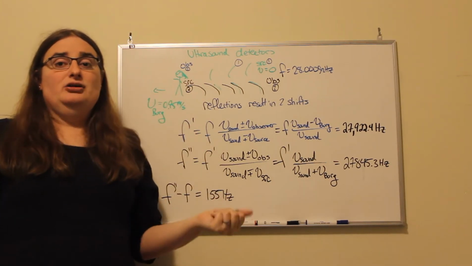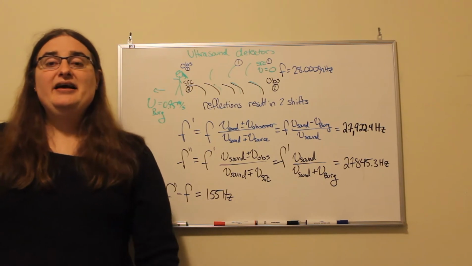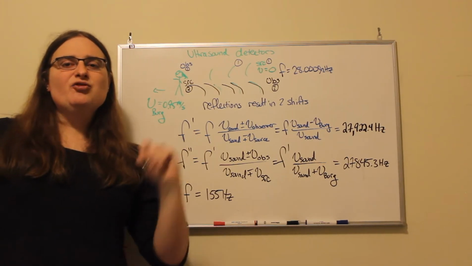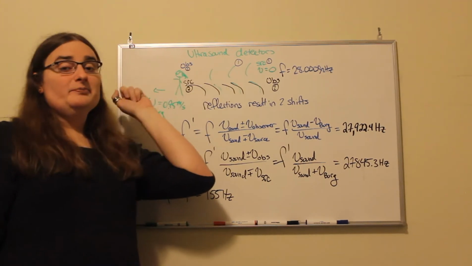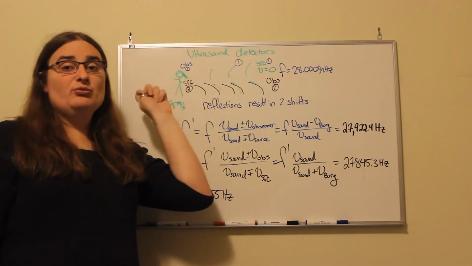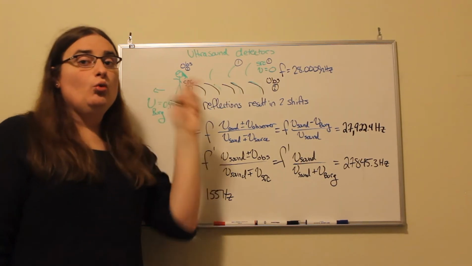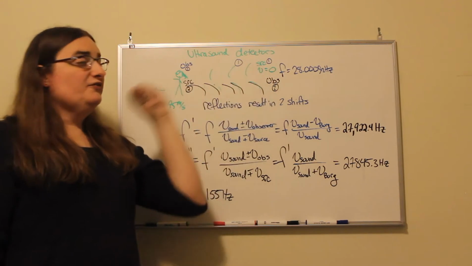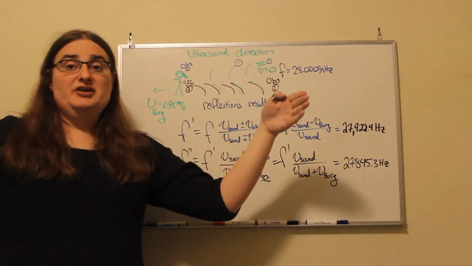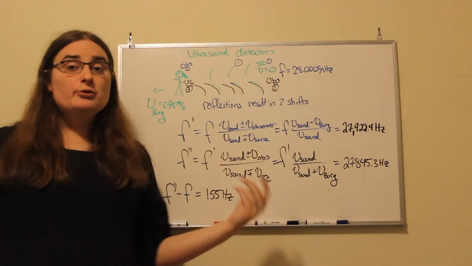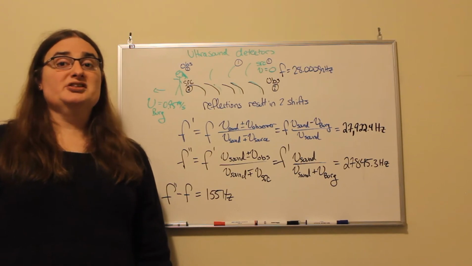But the echo, the reflection that we get, is reflected at the frequency that the object that it reflects off of would hear. So if that alarm that's stationary bounced off a stationary wall, it would bounce off at exactly the same frequency.